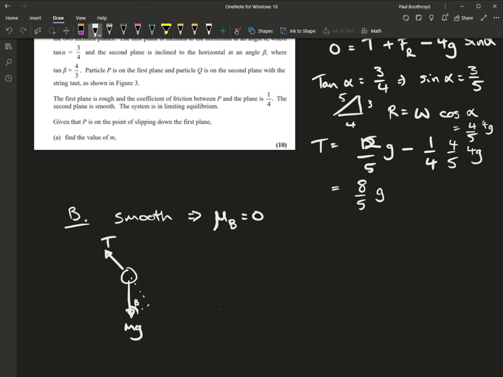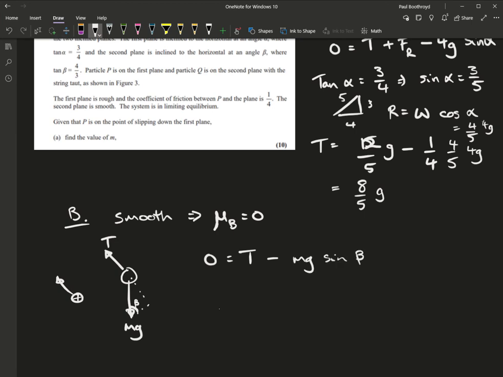So again, we've got no motion, it's not quite moving yet. There is no friction because of this mu being 0, so we don't even need to worry about the R for B at the moment. So we take tension as positive, and we subtract the sine of beta times mg.